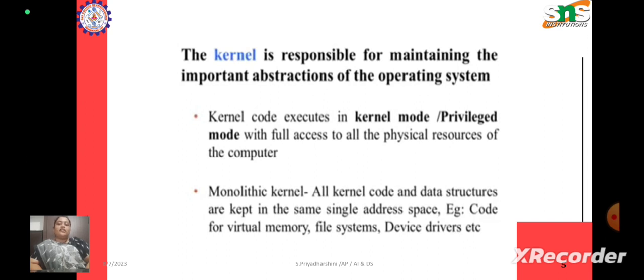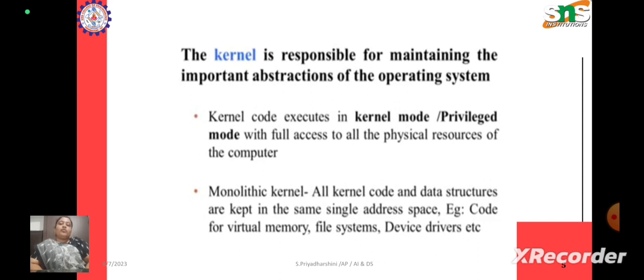When kernel code operates in the privileged mode, it has full access to all the hardware components of the computer system. Apart from that, we already know that the Linux kernel is a monolithic kernel, which means that the user space as well as the kernel space both reside in the same address space. Whenever there is a switch from user space to kernel space, it is implemented using the concept of system calls.